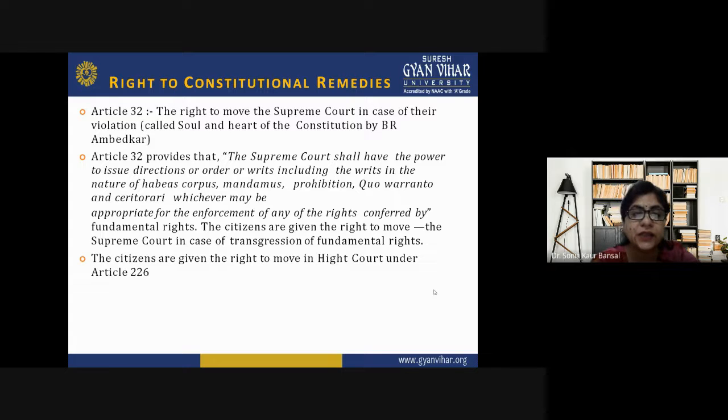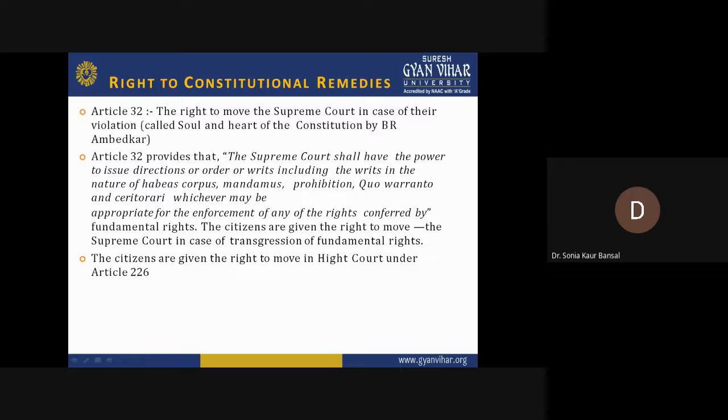Article 32 provides that the Supreme Court shall have the power to issue directions or orders or writs, including writs in the nature of habeas corpus, mandamus, prohibition, quo warranto, and certiorari, whichever may be.